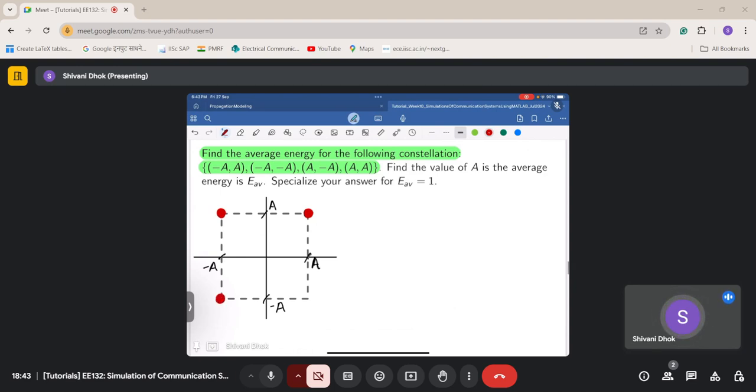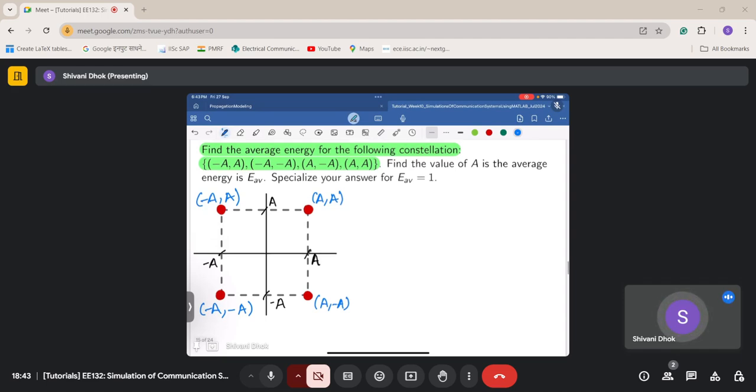So these points are minus A, A; minus A, minus A; A, minus A; and A comma A. So these are the 4 constellation points that we have.